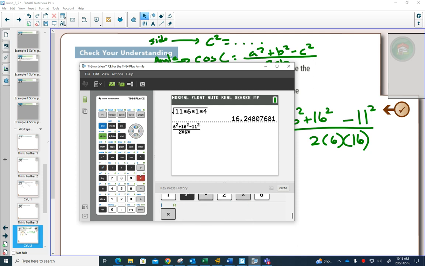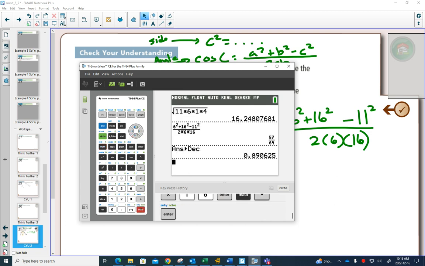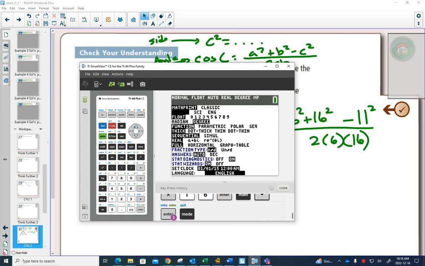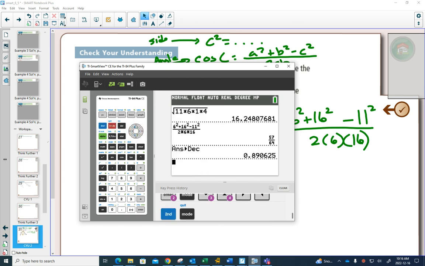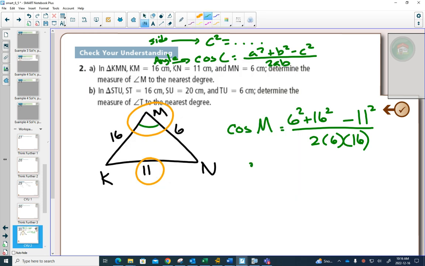The older graphing calculators, if you have a TI-83, don't allow for it. I get 57 over 64. Some of you, that'll come up as a decimal. I just changed it back to decimal: 0.890625.